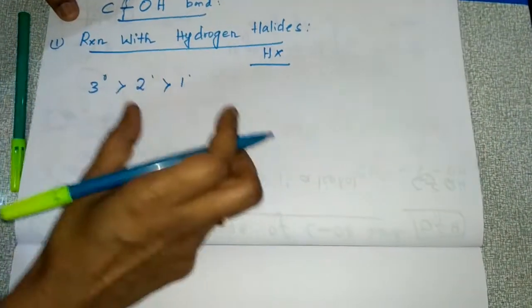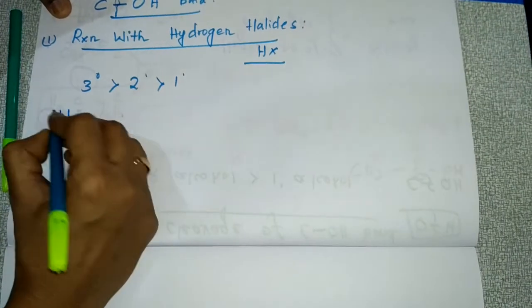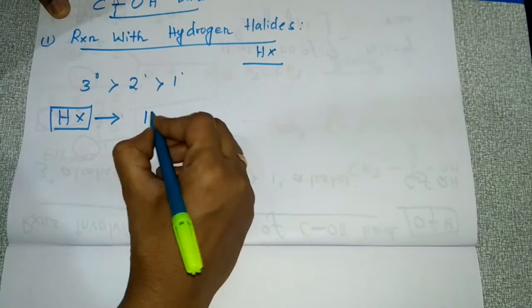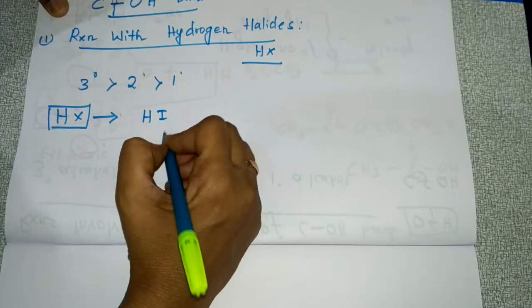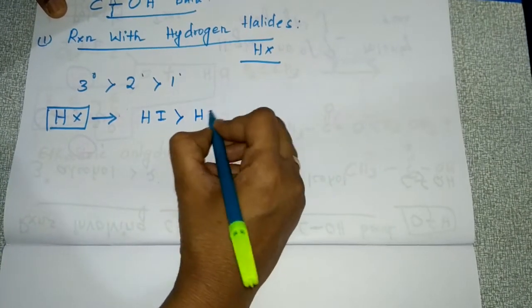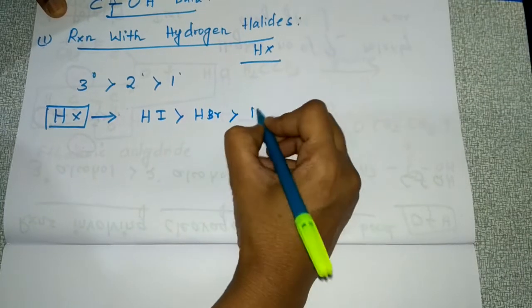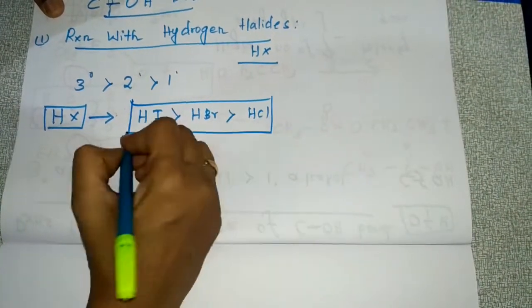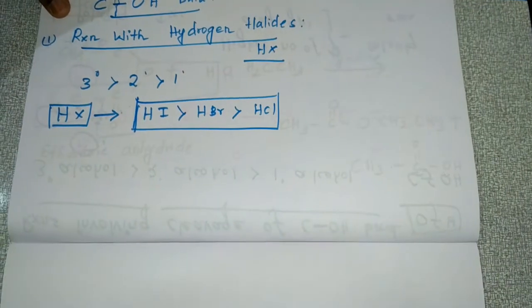Similarly, for hydrogen halides, the order of reactivity is HI more, then HBr, and then HCl.